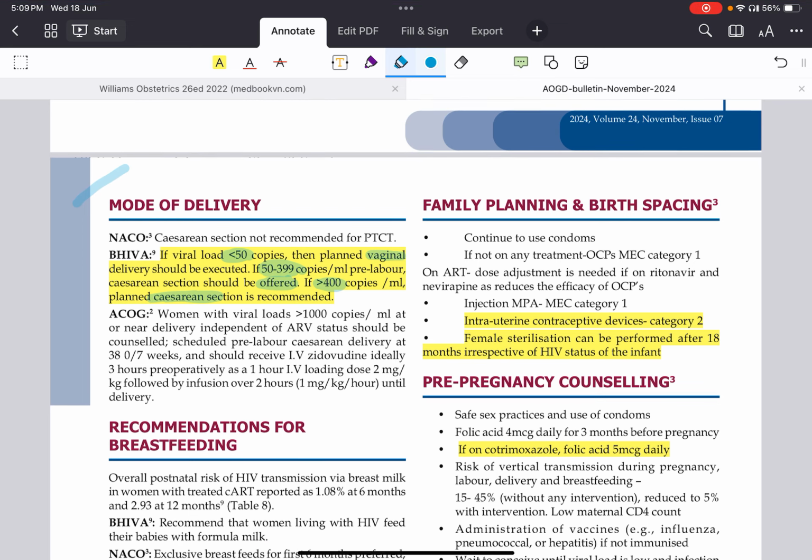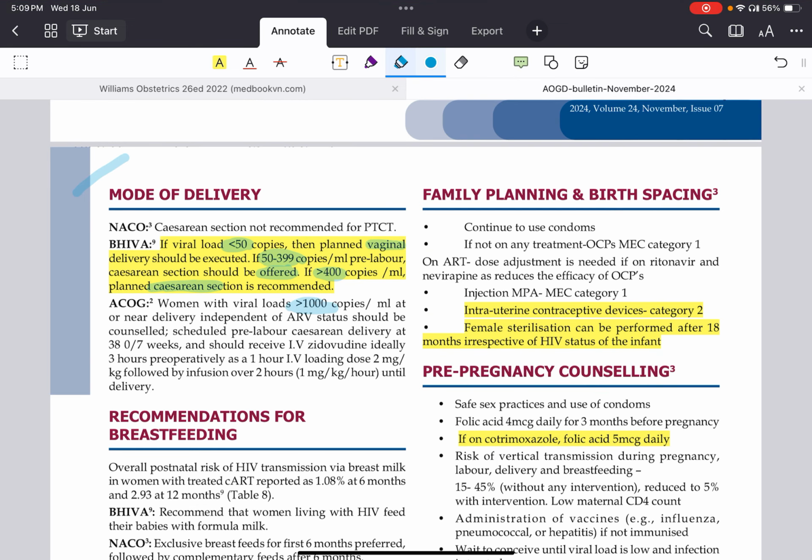ACOG says that if viral load copies are more than 1000, then you counsel her for cesarean section, and she should receive IV zidovudine, ideally 3 hours preoperatively, as a 1 hour IV loading dose of 2 milligram per kg, followed by infusion over 2 hours until delivery. You understood? If more than 1000, you go for cesarean.